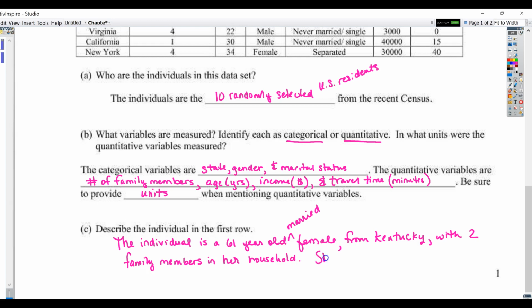And you could actually try to get all this in one sentence, but 2 is fine here. So she has a total income of $21,000 and drives 20 minutes to work.